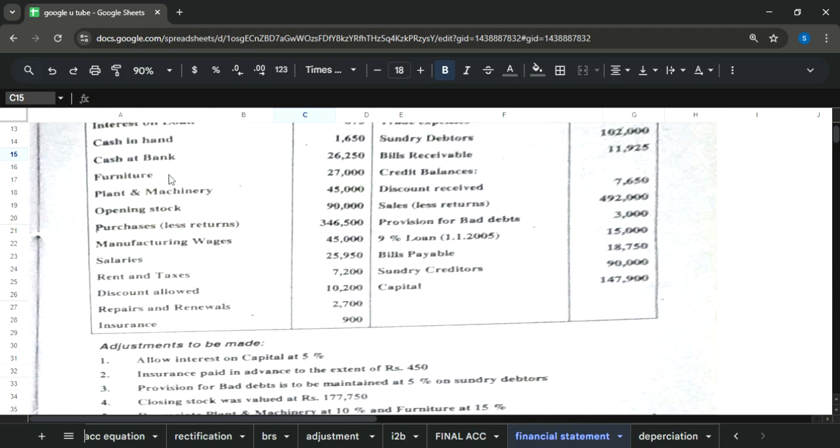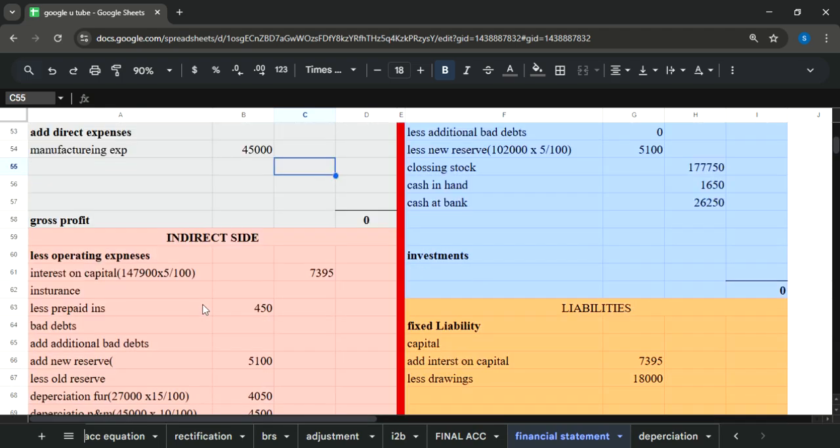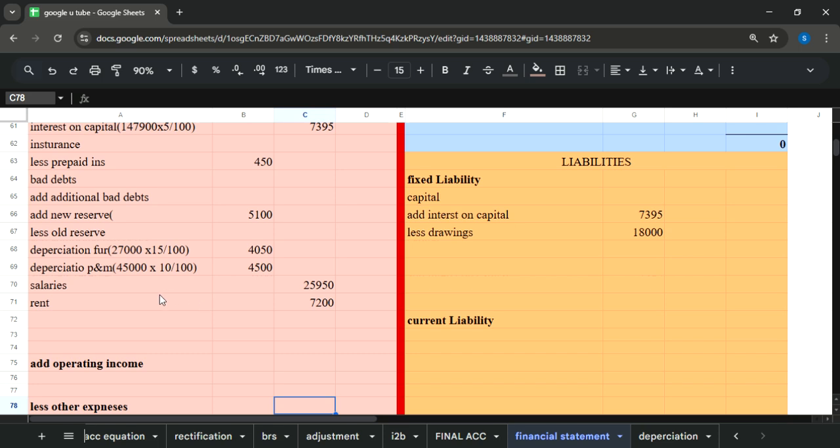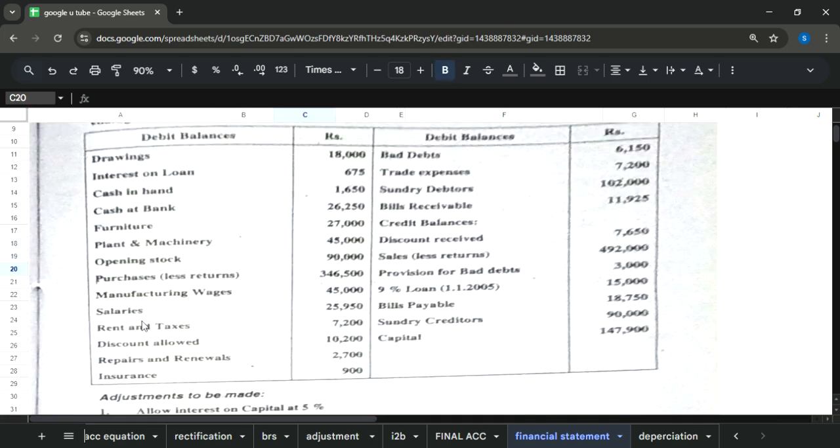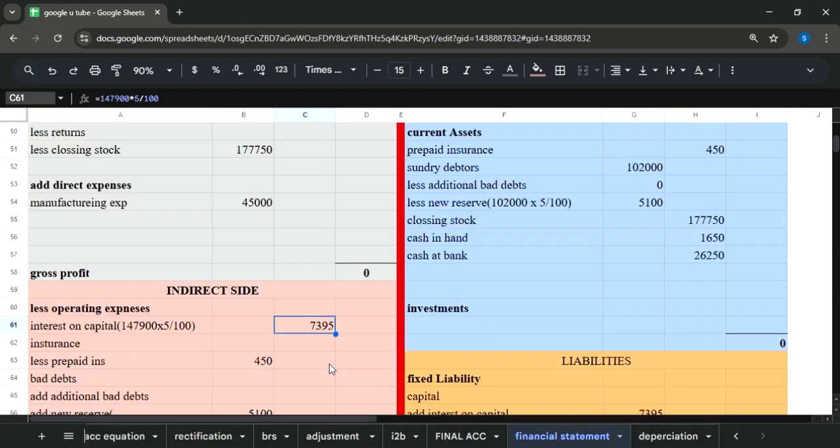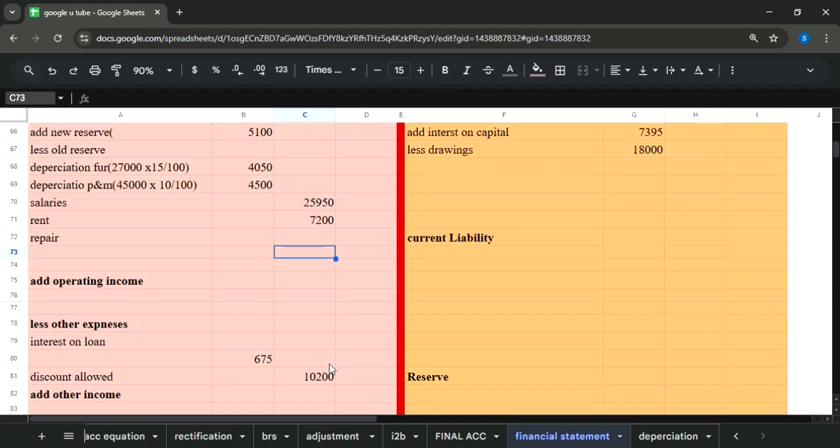Now repair. Repair is part of operating expenses. So you will mention repair over here. How much is the amount of repair? 2700. Here you will write 2700.